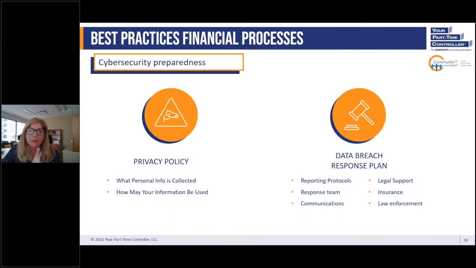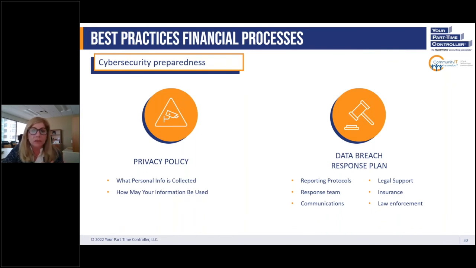The other thing you want to have is a data breach response plan. So typical things that you might see in a data breach response plan are reporting protocols, response team roles and responsibilities. Who is that team of experts that you're going to assemble? How are you going to secure physical areas?